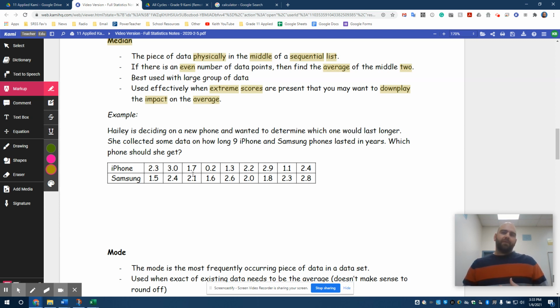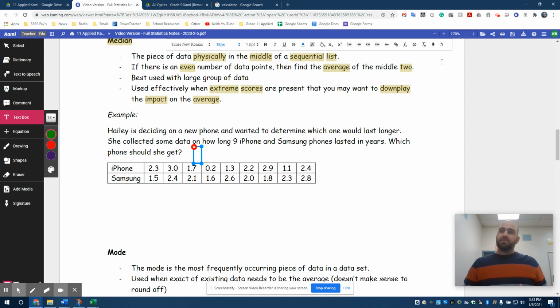To do that with median, we need to organize all of these in order from smallest to biggest, not just pick out the middle one. So I'm going to write them all out from smallest to biggest. We're going to start with iPhone on the top.